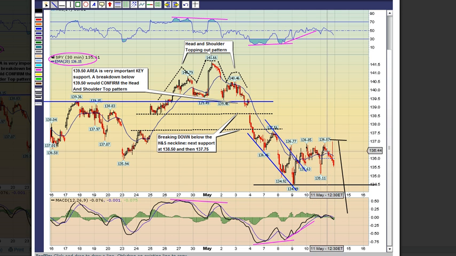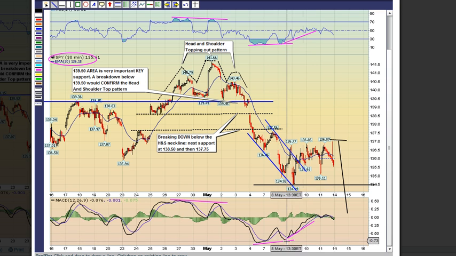And what would happen next week if we break down, let's say Monday, Tuesday, if we break down below these lows here, right? Let's say a big gap down on Monday, or Tuesday we see a reversal further down here. Now, what I would be watching out for at this point, as the SPY makes a new low here, watch how the MACD and the RSI behave.